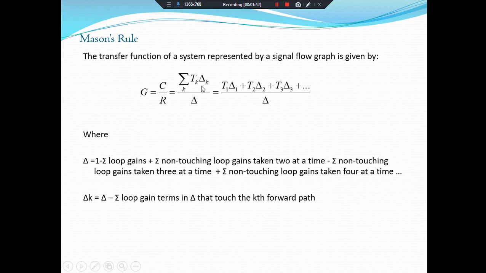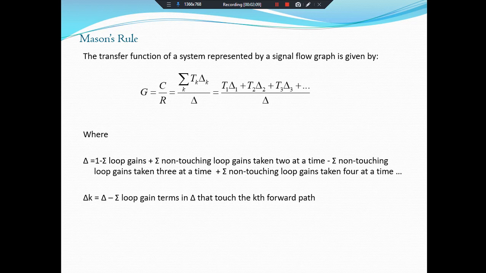Okay, what is delta K? Delta K relates to the forward paths, and delta is found as follows: delta is equal to 1 minus summation of loop gains, plus non-touching loop gains taken 2 at a time, minus non-touching loop gains taken 3 at a time, plus non-touching loop gains taken 4 at a time, and so on.